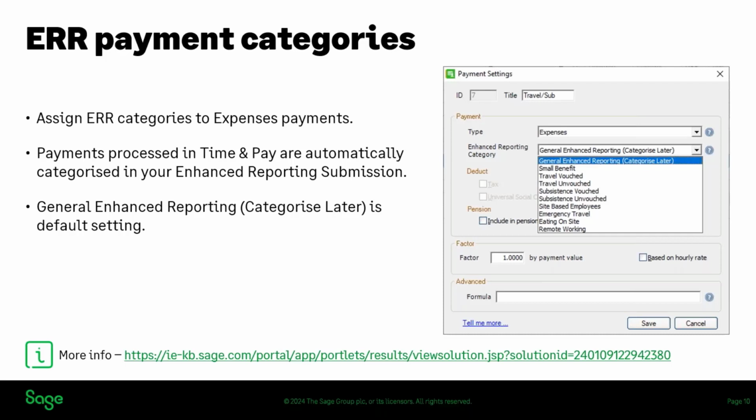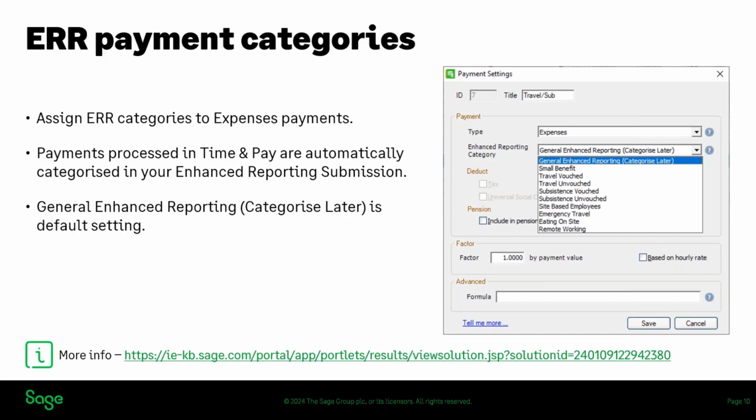But we've listened to your feedback, and we have now made it possible to assign a subcategory to an expense payment. And where you do that, it will automatically categorize those values in the submission without you having to do that manually each time.